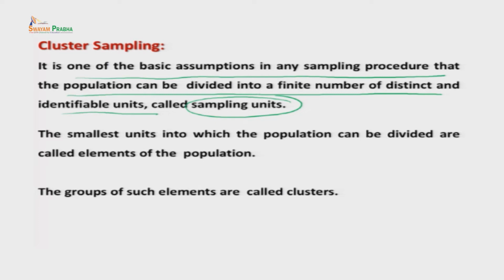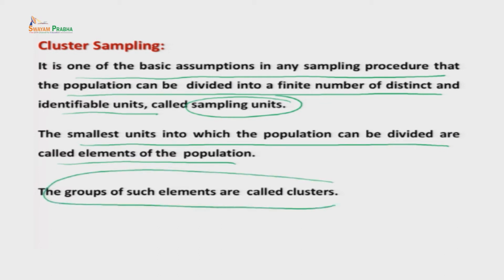The smallest units into which the population can be divided are called elements of the population, and the groups of such elements are called clusters. Now you have understood what these clusters are. For example, in the example I took, every orange is an element, and the group of those oranges is a cluster.